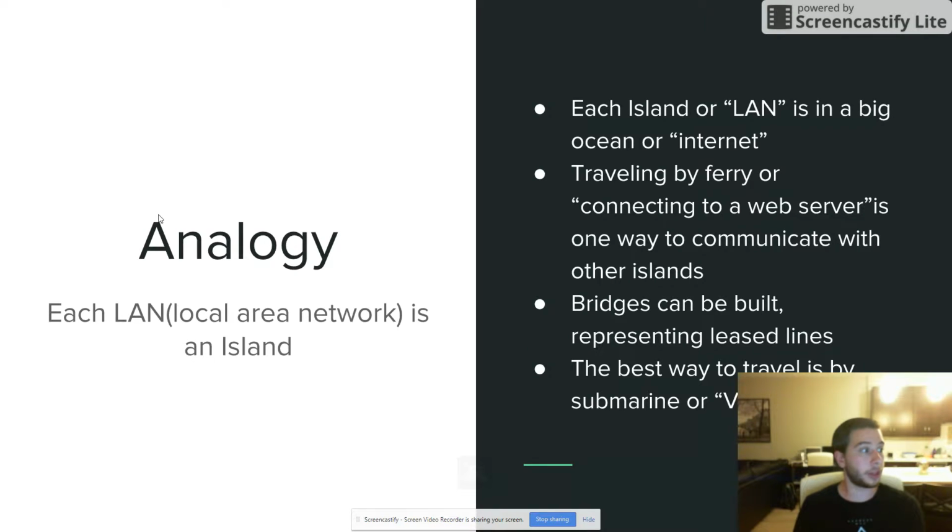It's dependable, and it costs little to add additional submarines to your fleet once the first one has been purchased. Those benefits tie into a VPN. So the best way to travel between islands would be with a submarine. It's just the most secure, and that definitely represents what a VPN is today.